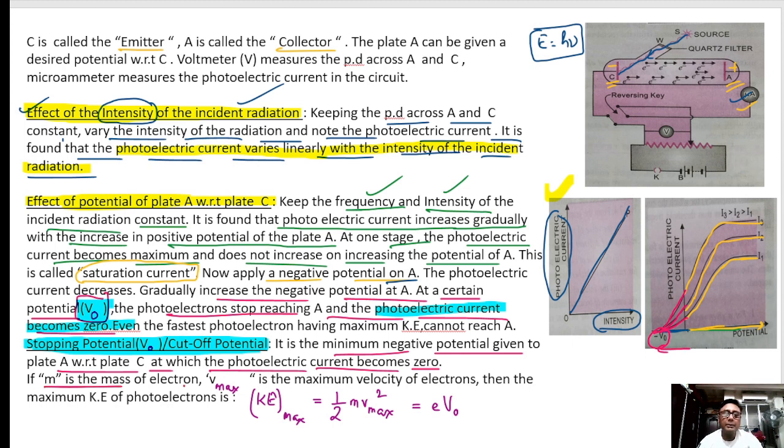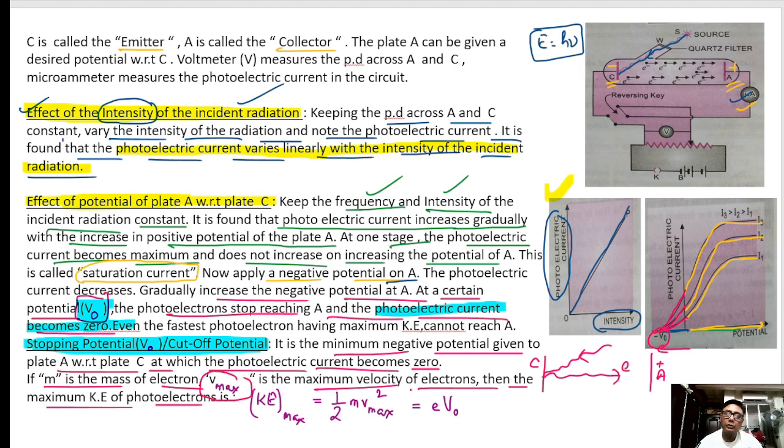Now if m is the mass of the electron and V max is the maximum velocity of the emitted electrons, the energy falls on plate C, and the electrons come out towards plate A, the positive plate.